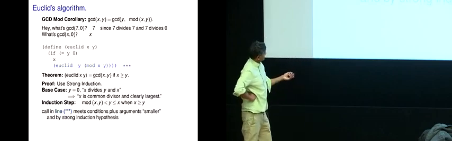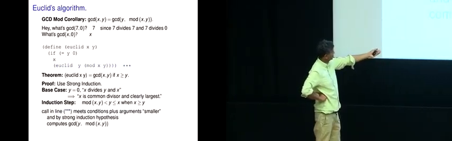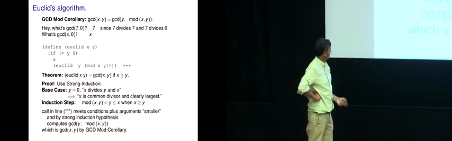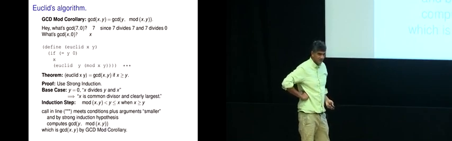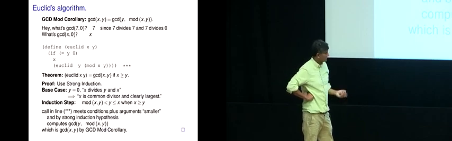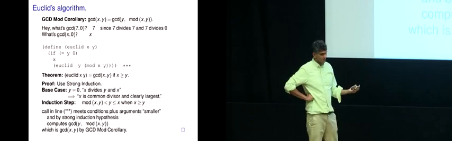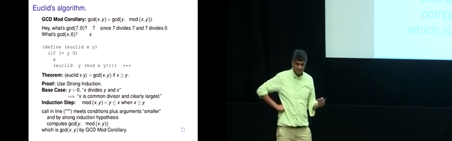And by the strong induction hypothesis, this recursive call computes GCD of y and mod xy, which is GCD of x and y by the GCD mod theorem corollary. So it's simple. This proof is just the wrap-up of what we were doing in a couple of previous slides.